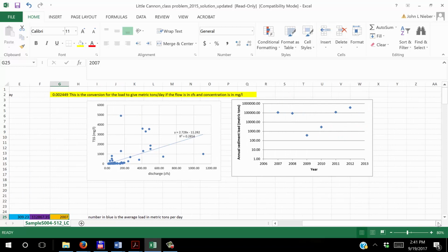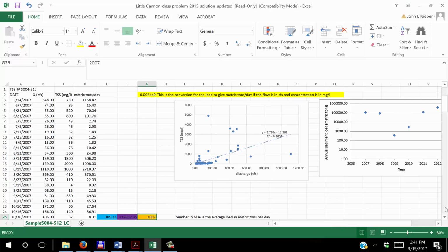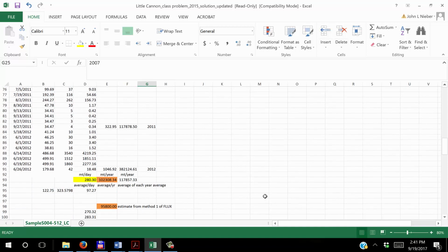All right, so before I go to the second part, I should talk about the average. So we had the variability in the annual load. The mean annual load is 102,308, based on the numbers that we got for each year. And the estimate we'll be using a flux model later.